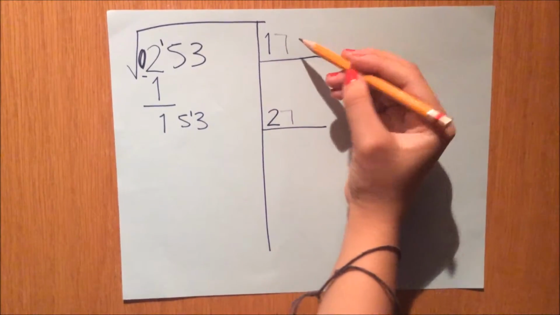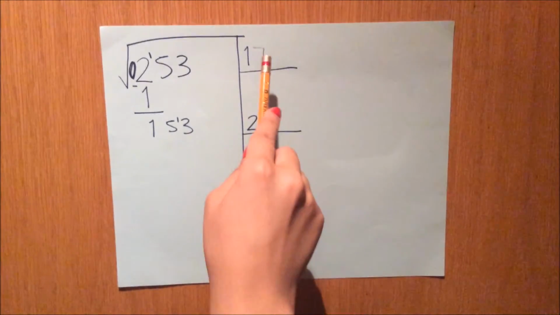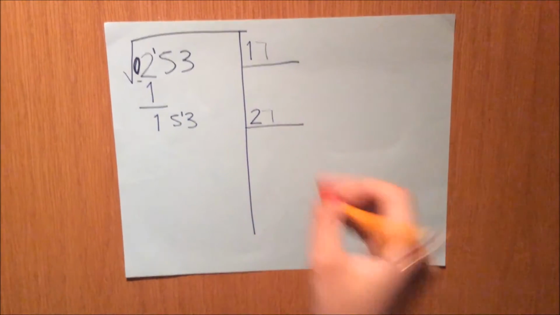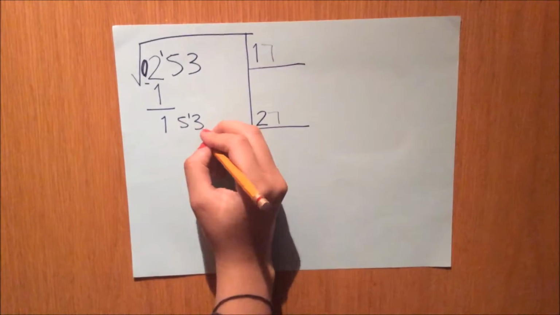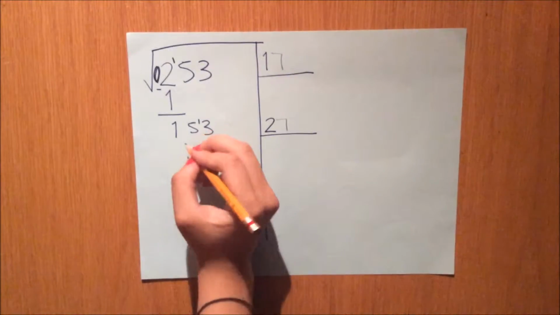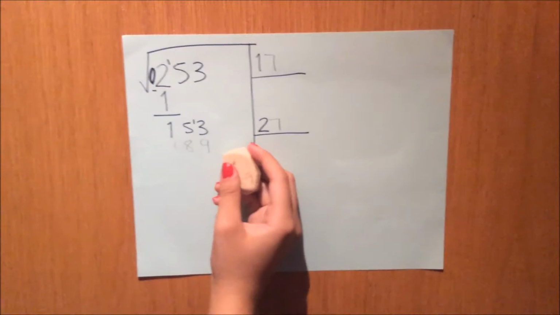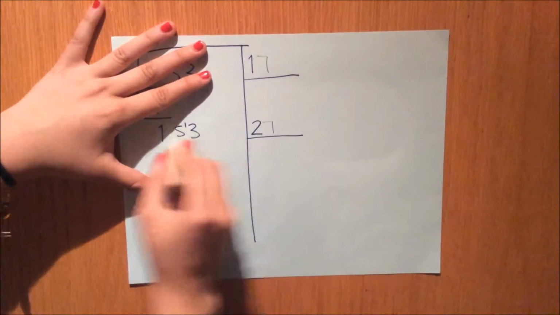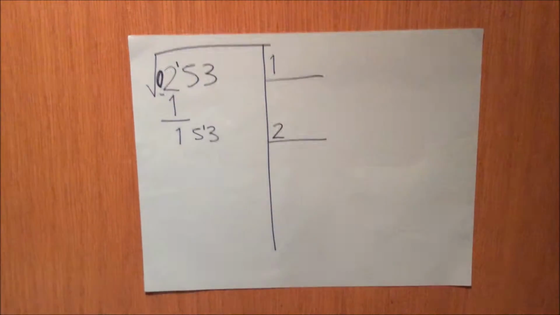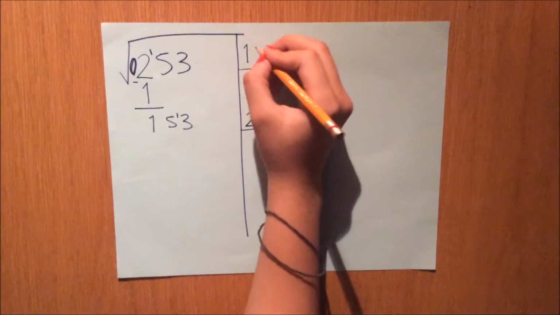So we will write that number here and here, and we will multiply the 7 times the 27. So 7 times 7, 49, 7 times 2, 14, plus 4 is 18. So 7 is not a number. Let's try with a 5.